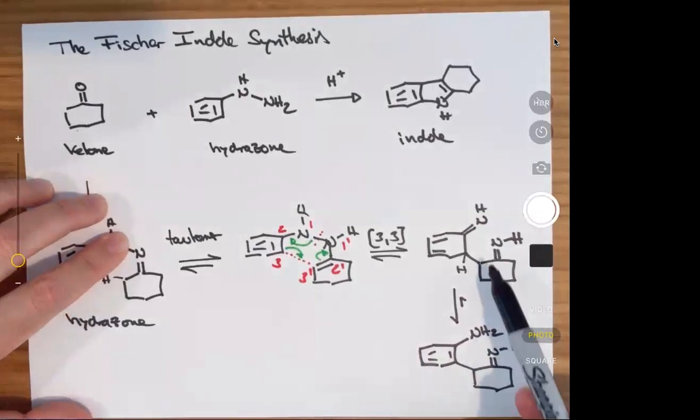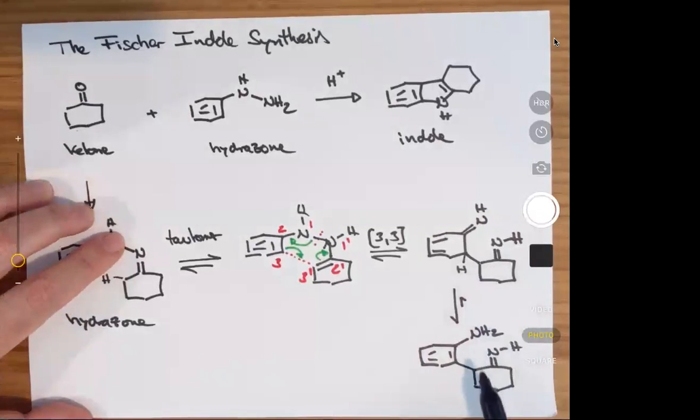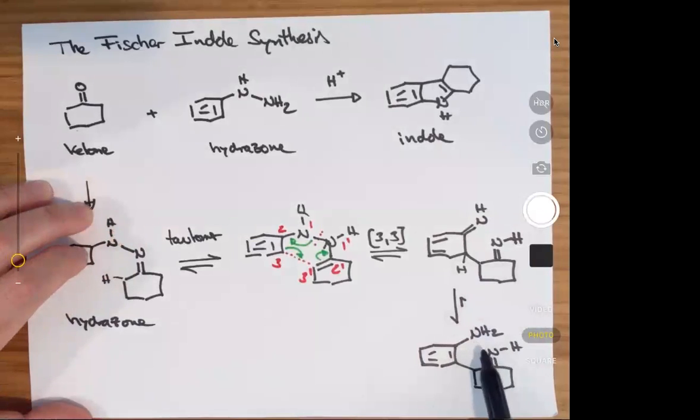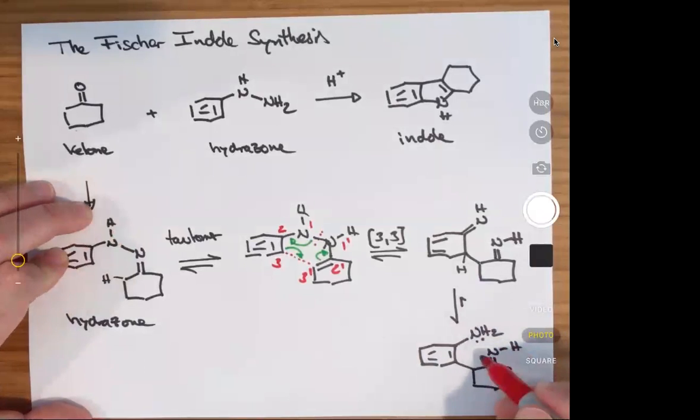So this is a much happier species than this, and here basically you're set up already to just do a polar reaction where you can take the lone pair on this nitrogen and attack this as the nucleophile, on this fragment here as the electrophile.